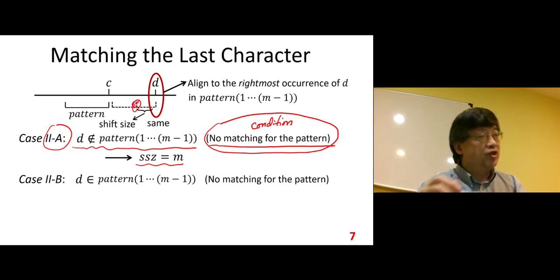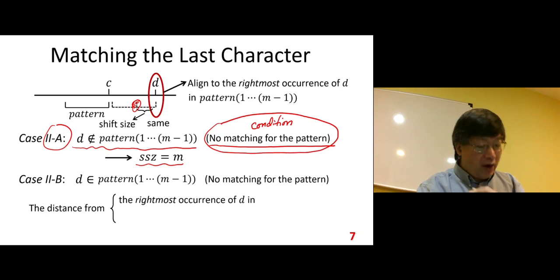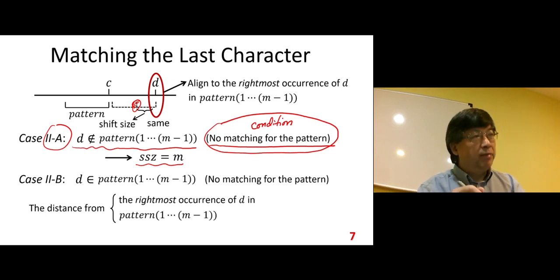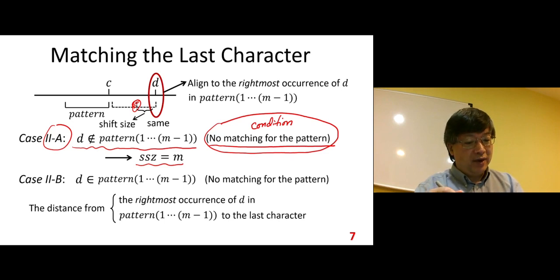So that is the shift size. We can calculate the distance from the rightmost occurrence of D in the pattern part from 1 through n-1 to the last character. That distance is our shift size. So that's the meaning.